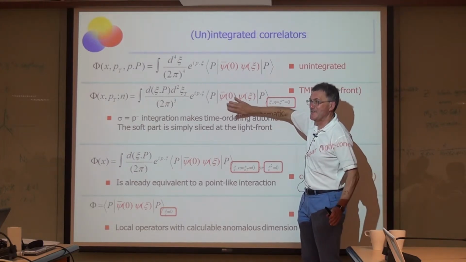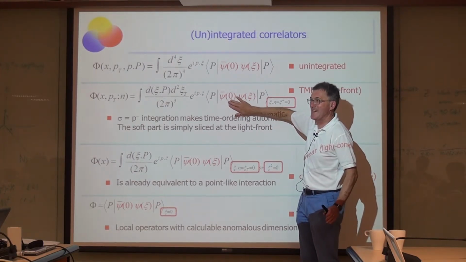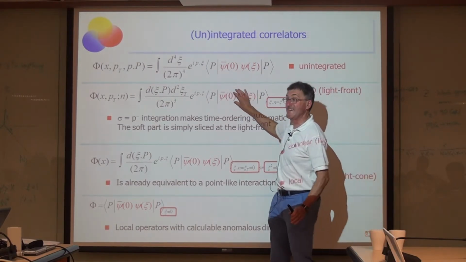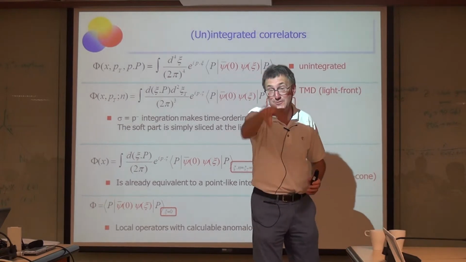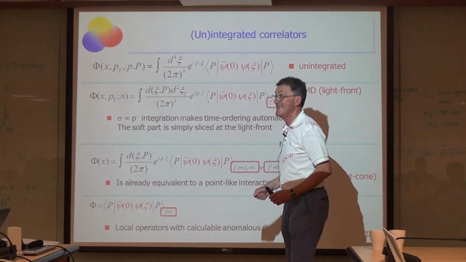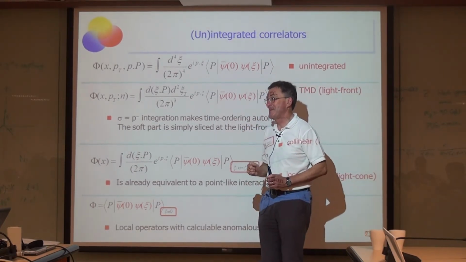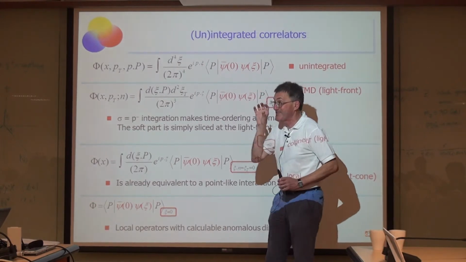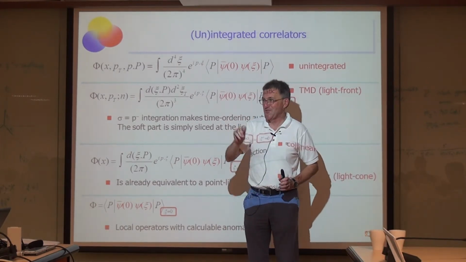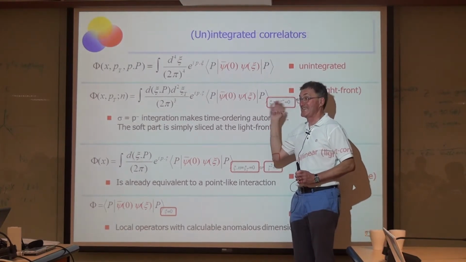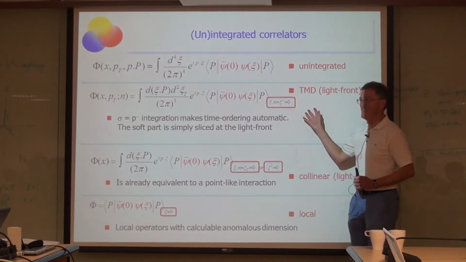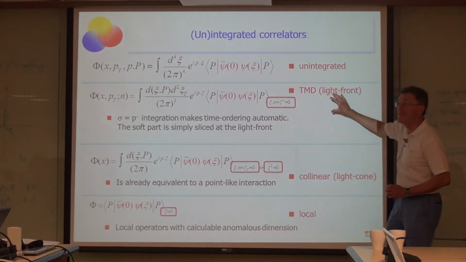Time ordering is no longer relevant, which means you can take these things and, I'll say to all the theorists here, go to the other room and work with this, and talk later on to the experimentalists, because this is a shot of the nucleus. It's a shot at fixed time and it's relevant in hard processes.